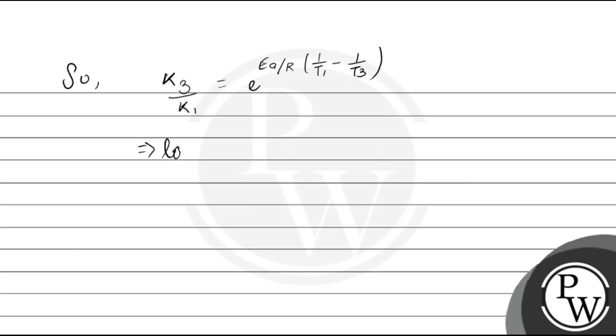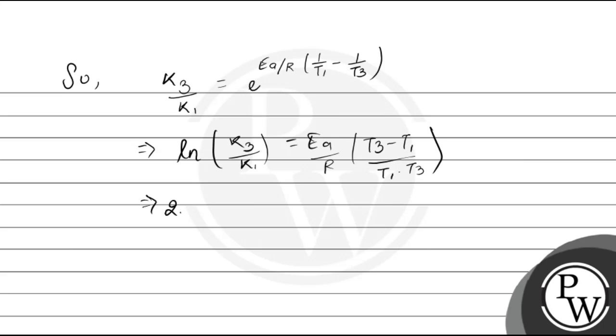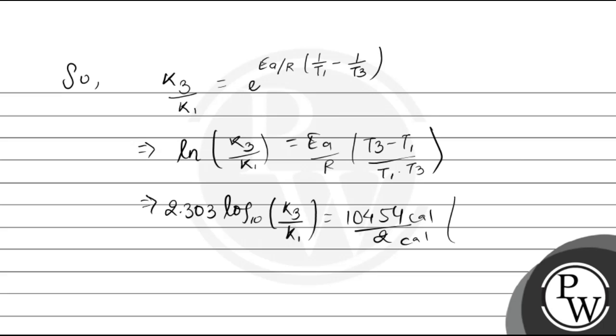So ln K3 upon K1 is equal to E upon R into (T3 minus T1) upon T1 into T3, which is equal to 2.303 log with base 10 K3 upon K1, and activation energy is 10,454 and value of R is 2 calorie and temperature T3 is equal to 313 and T1 is equal to 293.